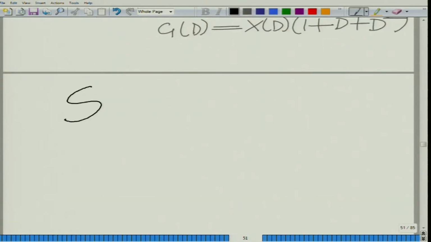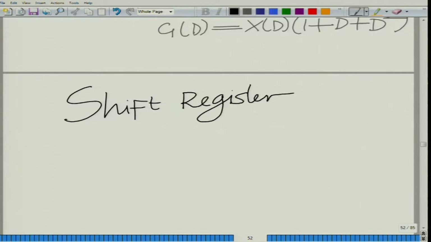So what we are now going to do is represent these using a shift register.